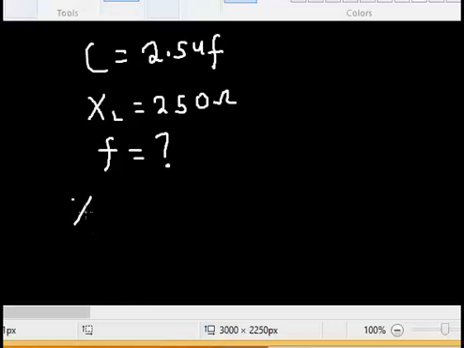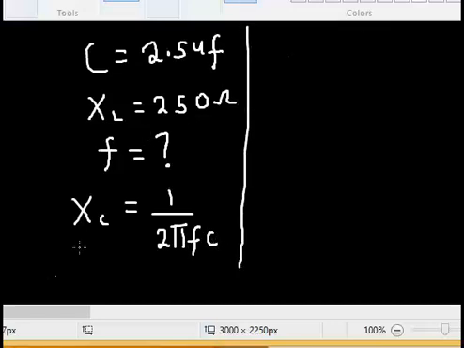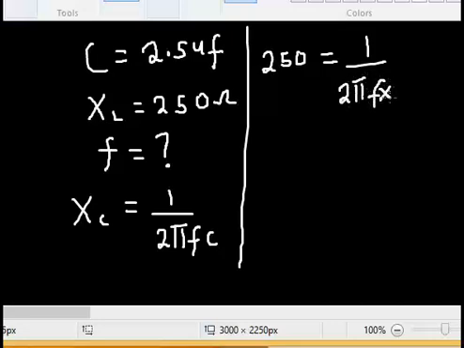We know the formula now. Capacitive reactance is given as 1 all over 2 pi FC. So 250 is equal to 1 all over 2 pi, then F times the capacitance, which is 2.5 times 10 raised to the power of minus 6.